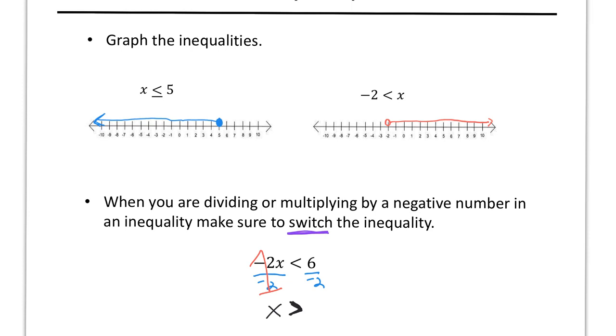And on the right side, it's going to be a -3, because 6 divided by -2 is -3. So make sure you don't forget, when you divide or multiply by a negative number, you have to switch the inequality. Now let's try some examples where you have to do 2 steps, 3 steps, or even 1 step to solve for the inequality.